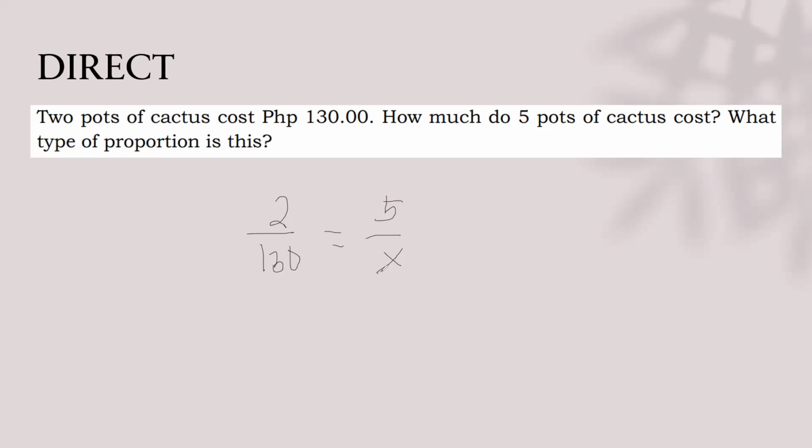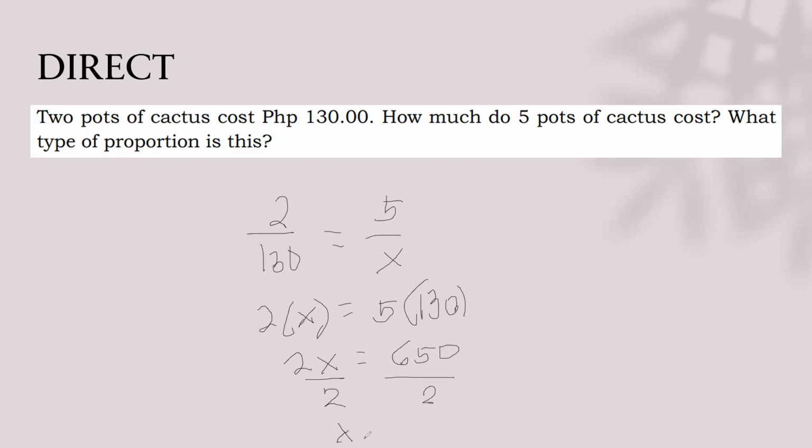So in this case, 2/130 equals 5/x. Then isosolve natin siya by cross multiplication. So that will be 2 times x equals 5 times 130. Okay? So, that is 2x equals 5 times 130. 5 times 130, that is 650. 650 divided by 2.